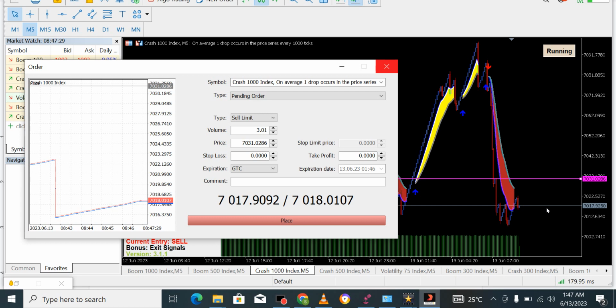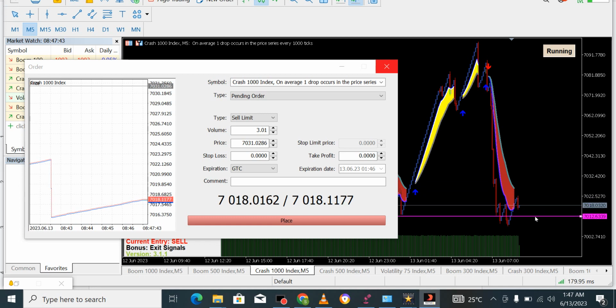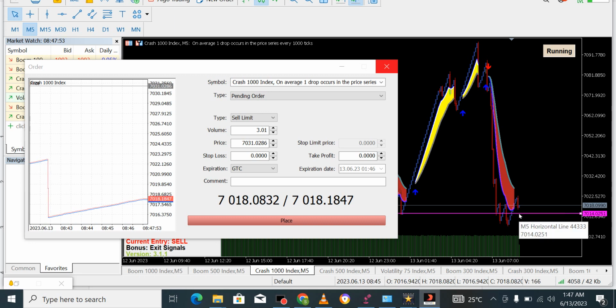We have actually tried to practicalize this together so that we will understand how it works. It's not possible for you to set a pending order for spikes trading in crash somewhere above it. No, it's not going to work that way, because you want it to sell and you are putting it downward somewhere below the current action price.